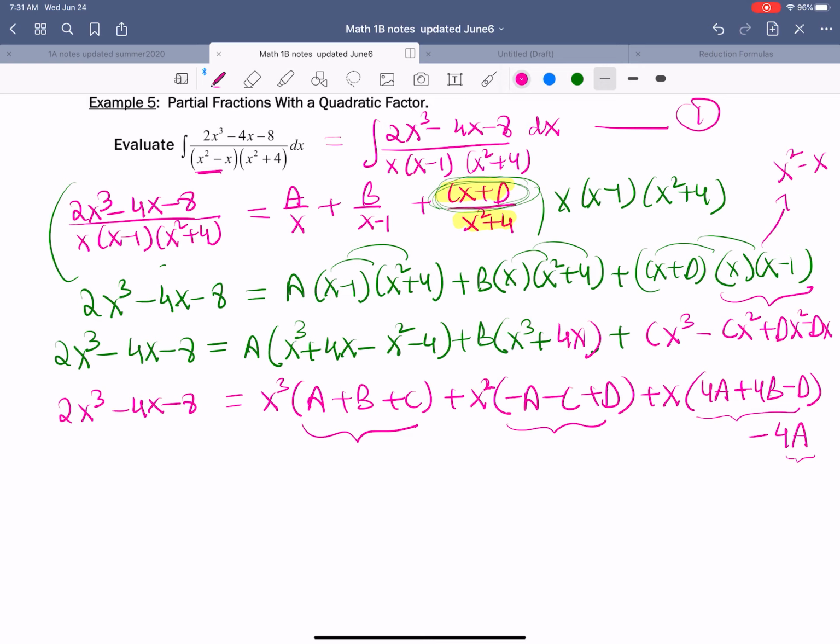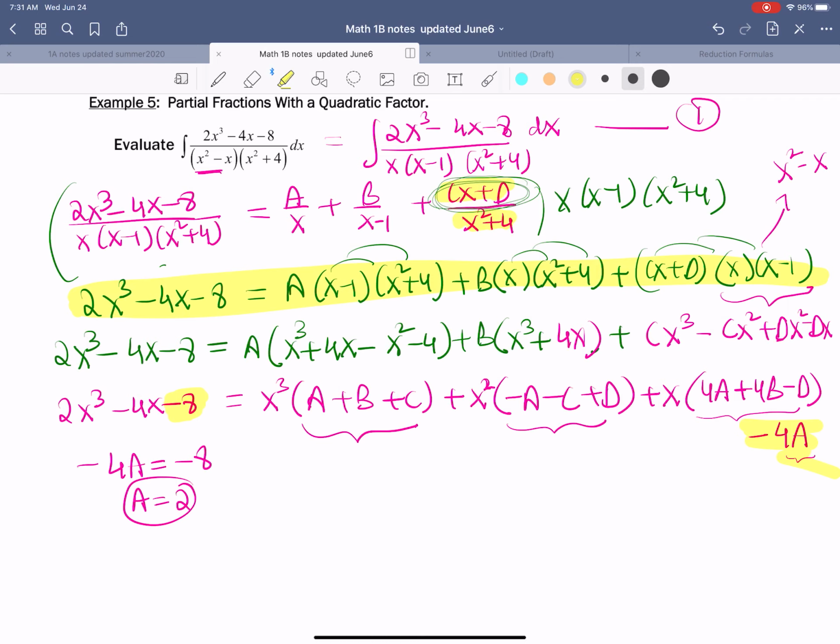If I equate the constants, I know the constant term on the right-hand side is negative 4a, and it has to equal negative 8, so a has to equal 2. So we found our a.